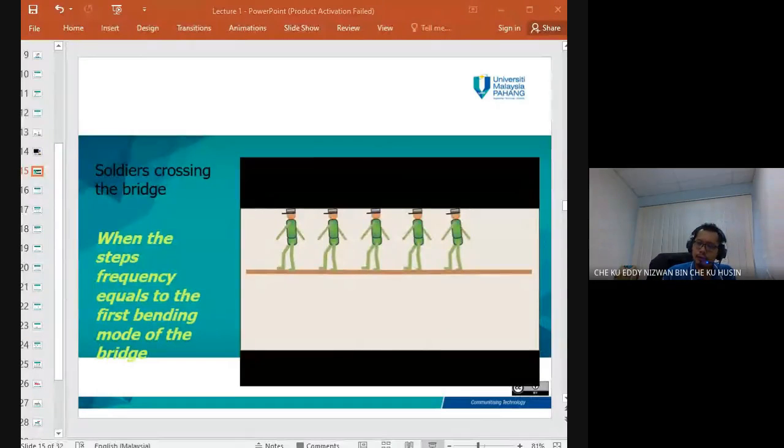That's why one technique they use is soldiers, because soldiers are very good at creating a rhythm based on a frequency.